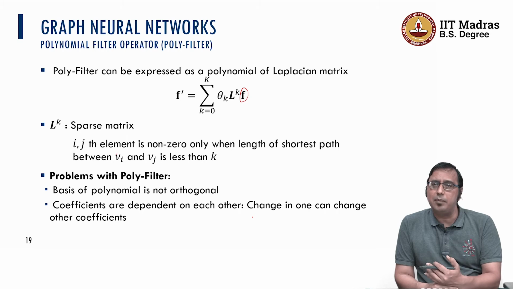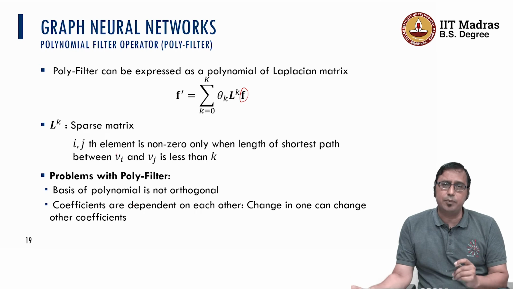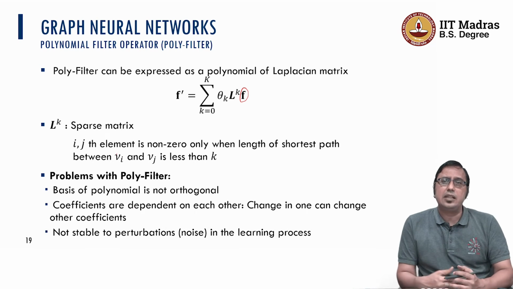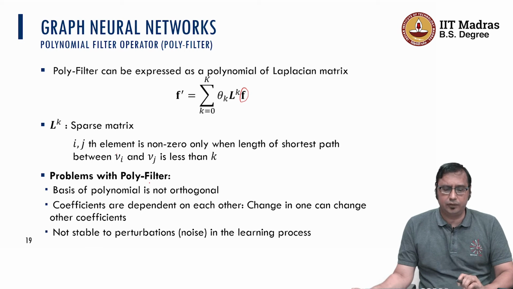This is a typical problem in many machine learning problems, and we do not want it, because this kind of coefficient leads to an unstable solution. Just a small perturbation due to noise in the learning process can lead to very poor or even unstable results. Hence people would like to avoid polynomial filters.